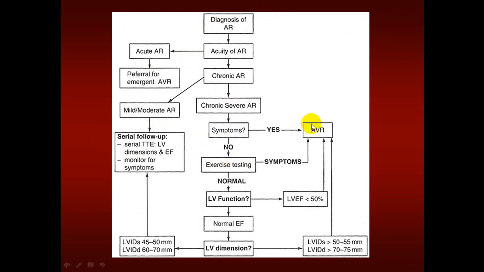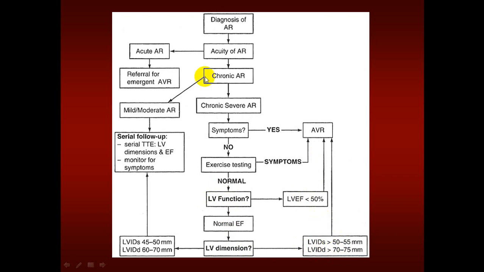If the exercise test is positive, do valve replacement. If it is normal, assess LV function by echocardiogram. If the ejection fraction is reduced, do replacement. If the ejection fraction is normal, check the dimensions: if the left ventricular end-systolic dimension is more than 50 to 55 millimeters, or the end-diastolic dimension is more than 75, do surgery.